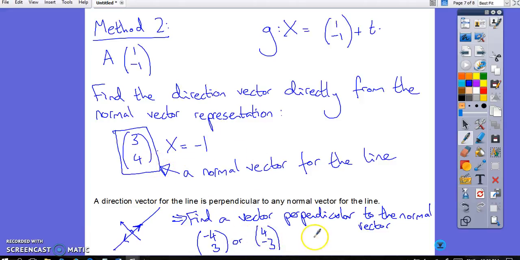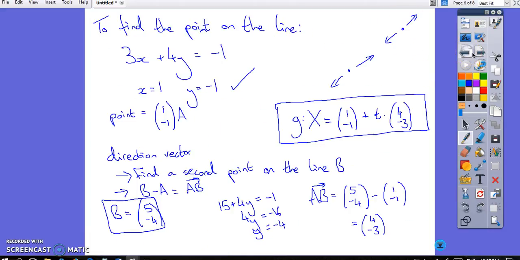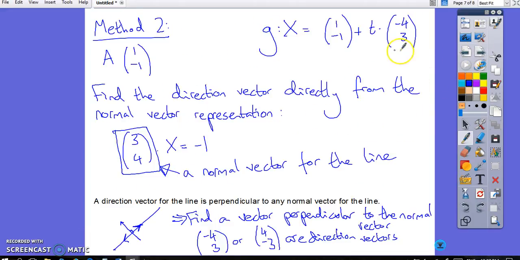So either one, it doesn't matter. They're both direction vectors. Let's take the first one, (-4, 3), as a direction vector for the line. And you'll see the direction vector we found in this method is the same as the direction vector we found in the first method. So if you're comfortable with normal vectors being perpendicular, then this is probably a quicker way to do it.